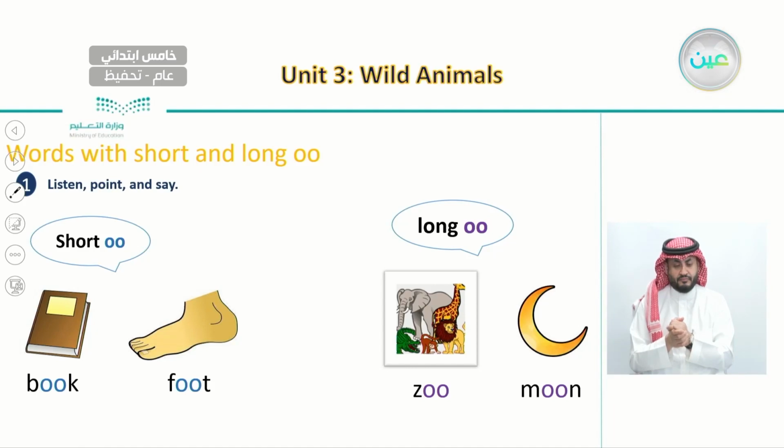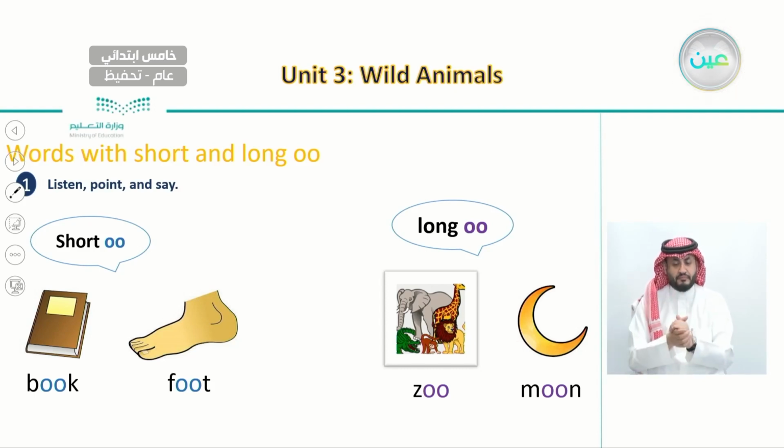So let's listen to examples of words that have the short form of double O. Words that have two O's with the short form, words like book, book, and foot, foot, and words that have the long double O like zoo, zoo, and also moon, moon.